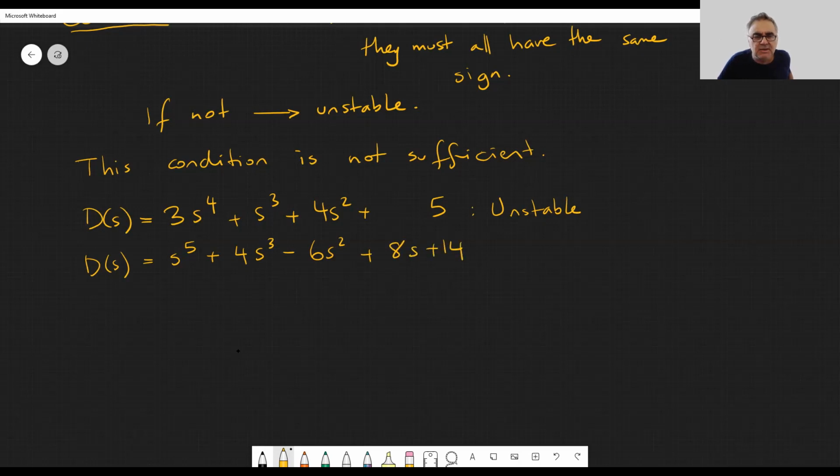Because of this negative term, and also the fact that the s to the 4 term is missing, this is unstable also.